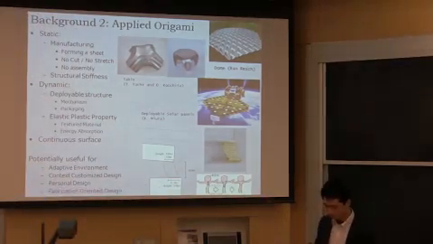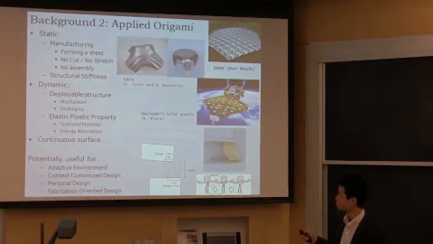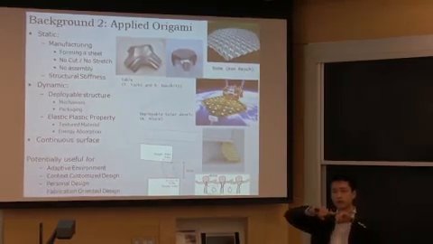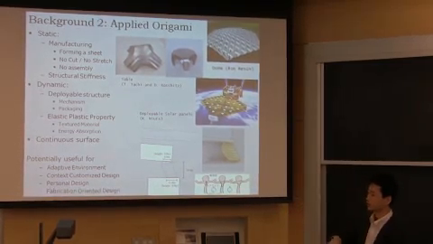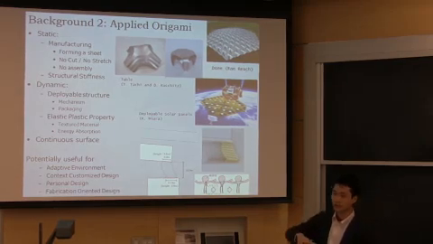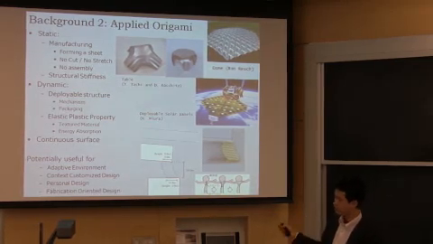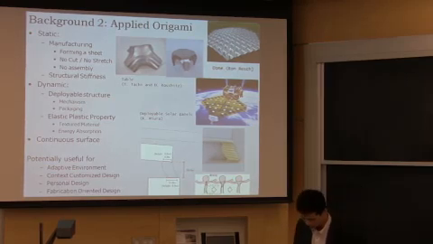used for special structures. And the good thing about origami is that, unlike the truss structure or scissors structure, you can form basically a continuous surface, and that continuity is preserved all the way of the transformation.